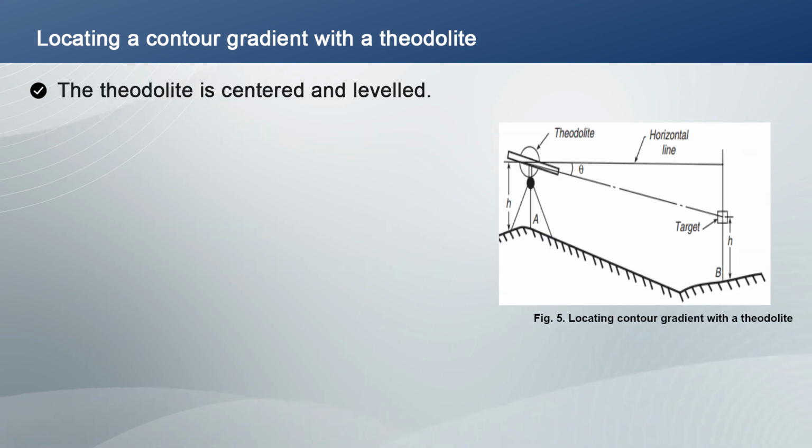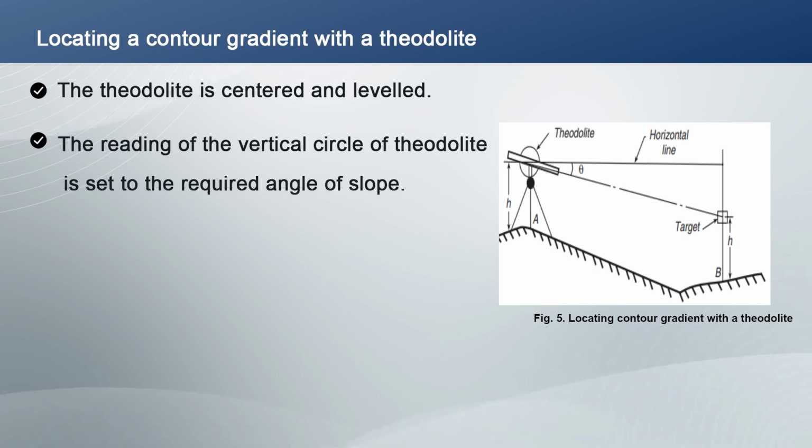Let us see locating a contour gradient with a theodolite. For this, see figure number 5. The theodolite is centered and leveled over the starting point of the contour gradient. The reading of the vertical circle of the theodolite is set to the required angle of slope.